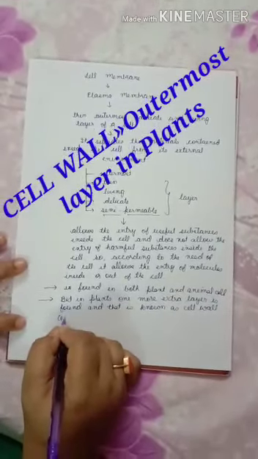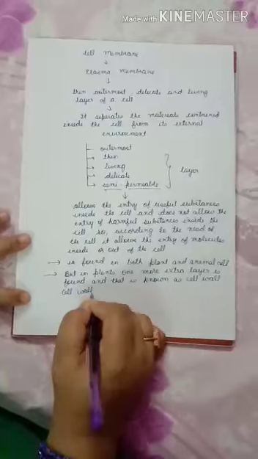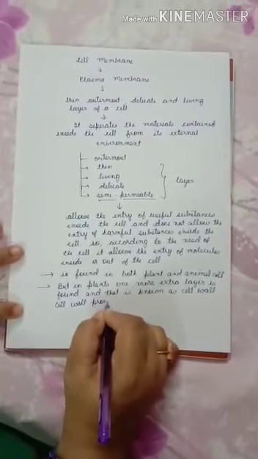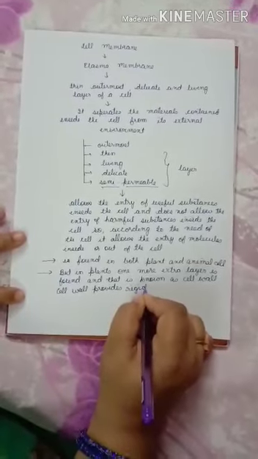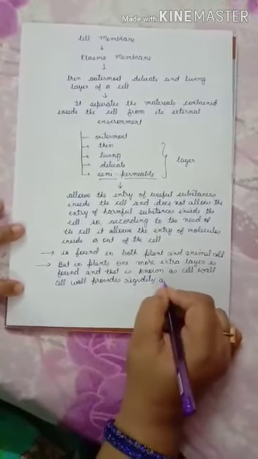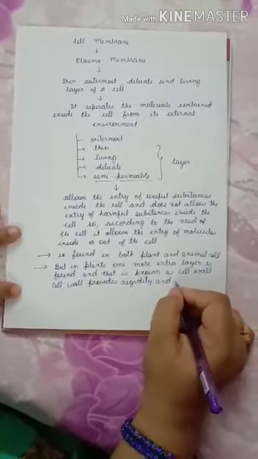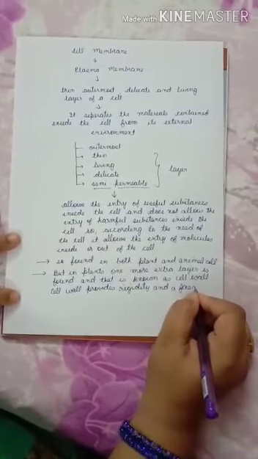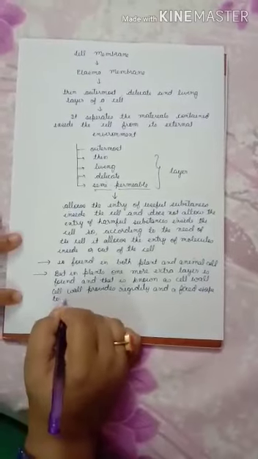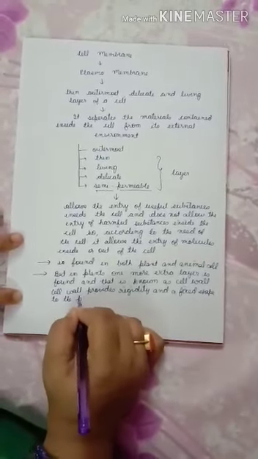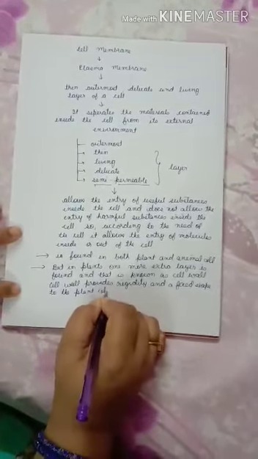And cell wall provides rigidity and a fixed shape to the plant cell.